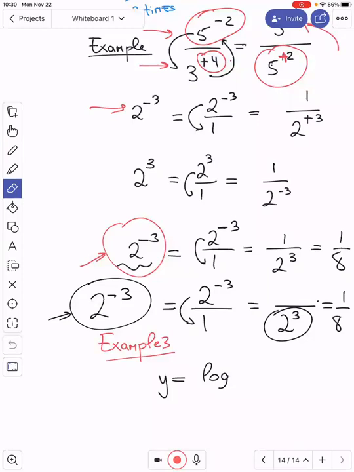All right, one more example. So let's say y is log in base, let's see. Yeah, so for example, let's say here it's 3, and here it's, let's say, 1/9.